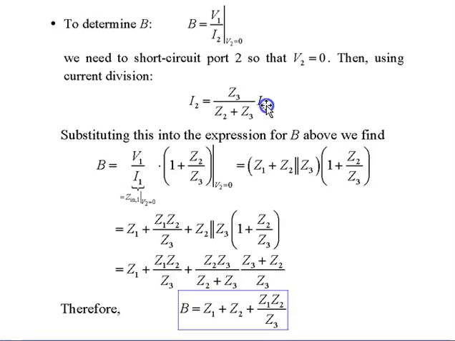So substitute this equation into expression B. We will have B is equal to V1 over, so instead of I2, you use I2 is equal to Z3 over Z2 plus Z3 times I1. So plug in those values. And solving the long equation, finally you will have B is equal to Z1 plus Z2 plus Z1 Z2 over Z3.